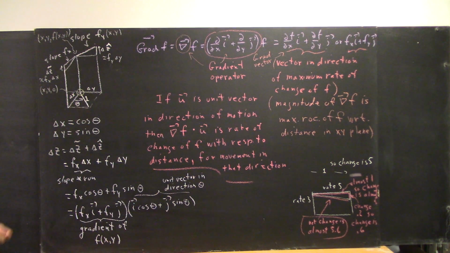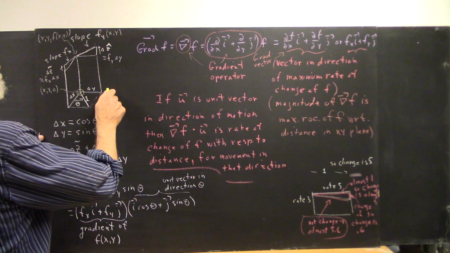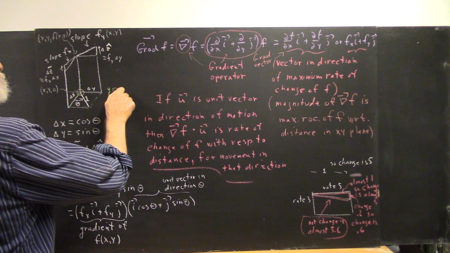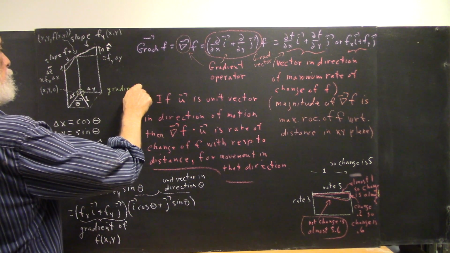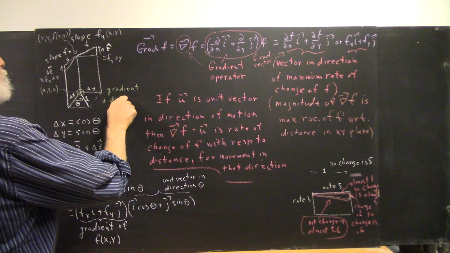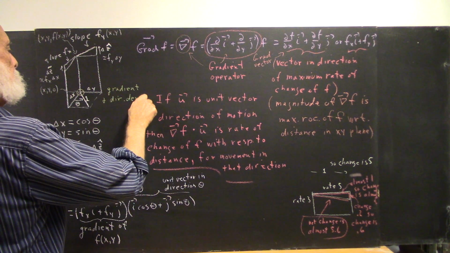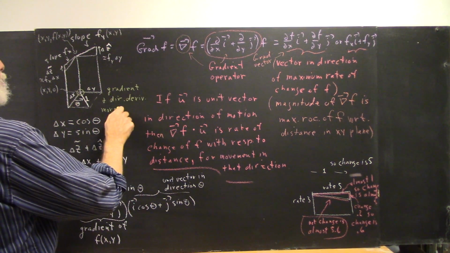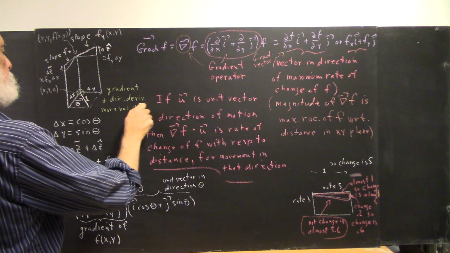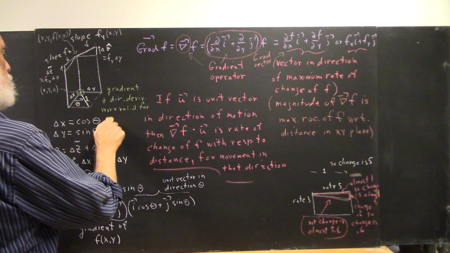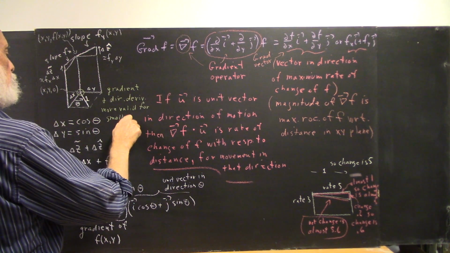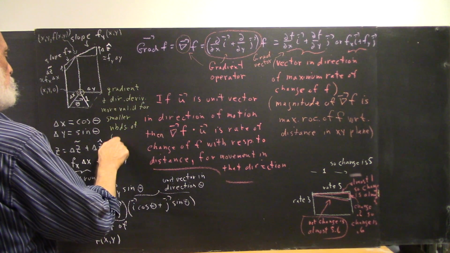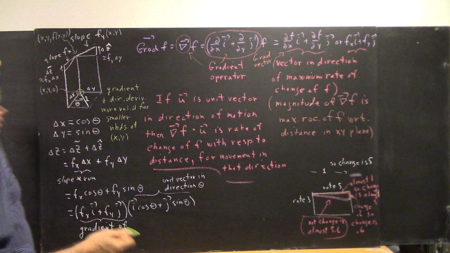Okay, so the gradient and the directional derivative are more valid for smaller neighborhoods of the point (x, y).